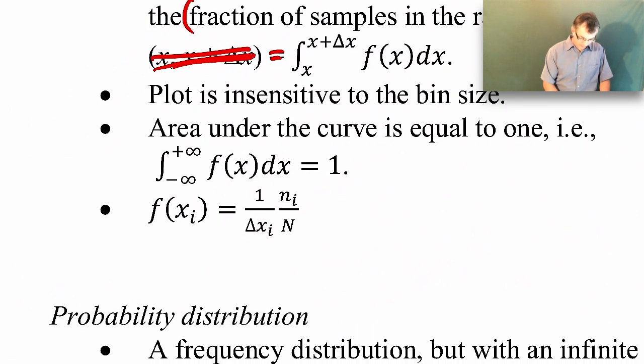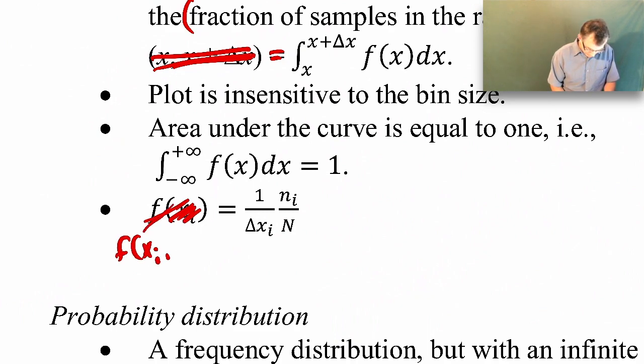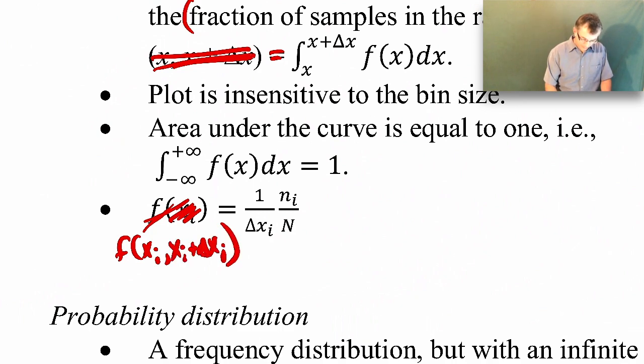So the frequency within a particular size range, actually this is a mistake the way I've drawn this here. This should be the frequency within xi and within this range. Sorry, between xi and xi plus delta xi.